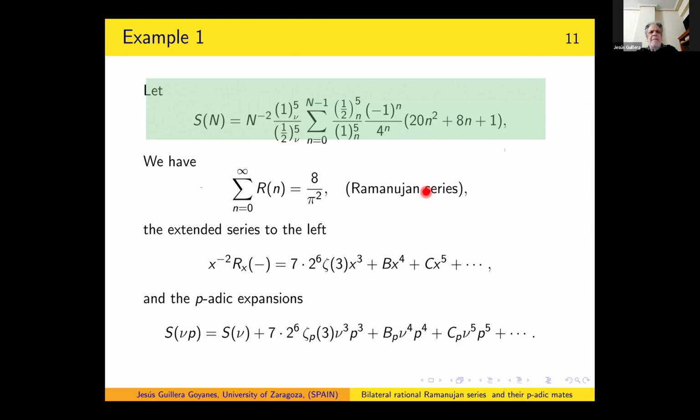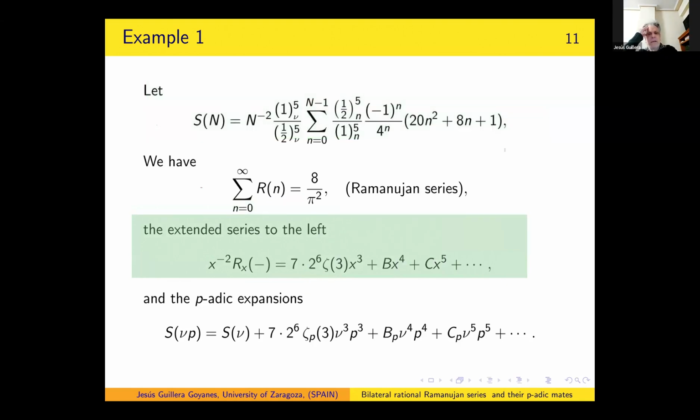We have the Ramanujan series, the extended series to the left, and with the definition.